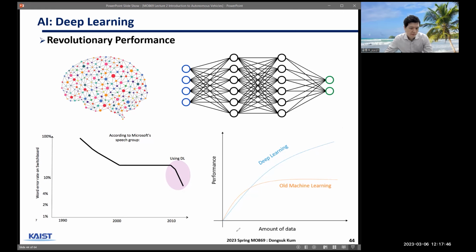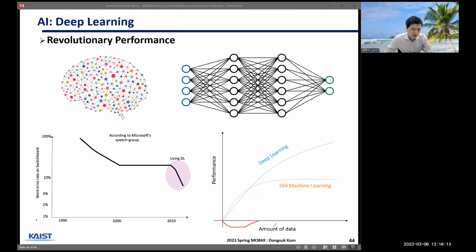So as you can see, conventional old machine learning approaches tend to give you decent performance with a small number of data, using oftentimes handcrafted features.